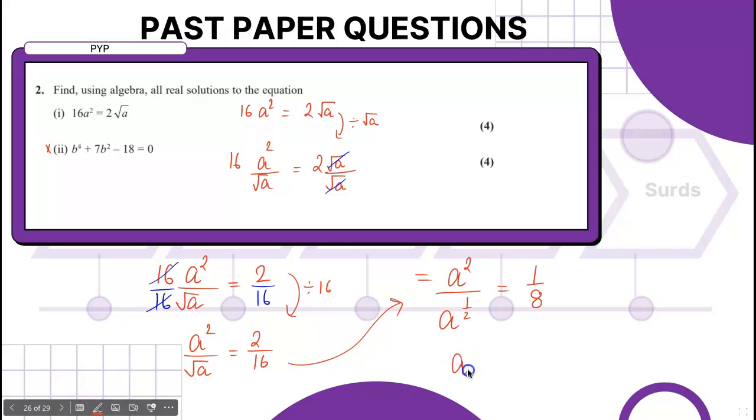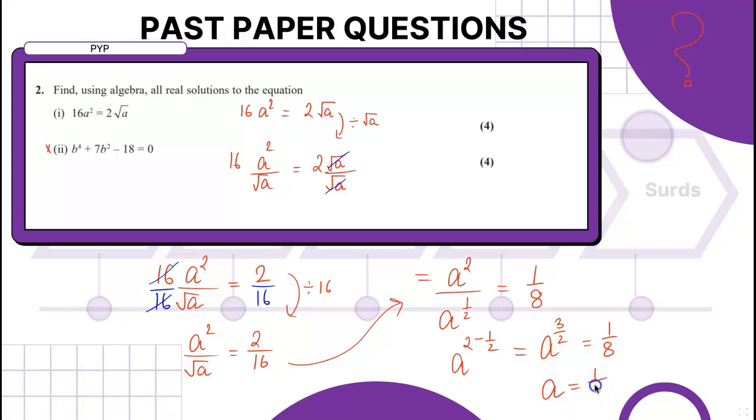So, can we solve this? A is divided, so indices subtract. 2 minus a half would give you 3 halves. So, a to the power 3 over 2 is equal to 1 over 8. Again, that circle, what we discussed over there, the corner part, is going to be implemented. So, can we write it as a is equal to 1 over 8 to the power 2/3, right?